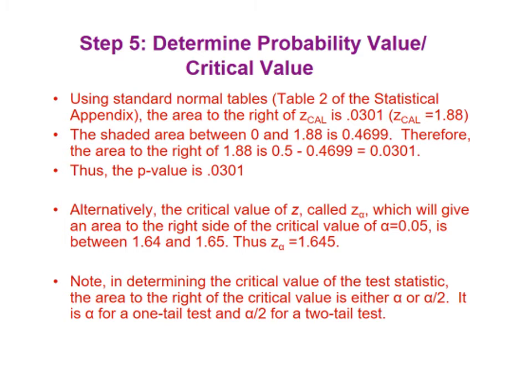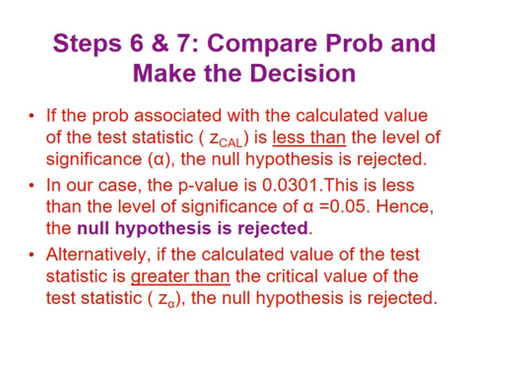Note that in determining the critical value of the test statistic, the area to the right of the critical value is either alpha or alpha over 2: alpha for a one-tail test and alpha over 2 for a two-tail test. Basically, we calculate the p-value with a single t-test, paired test or unpaired test, depending on the researcher.